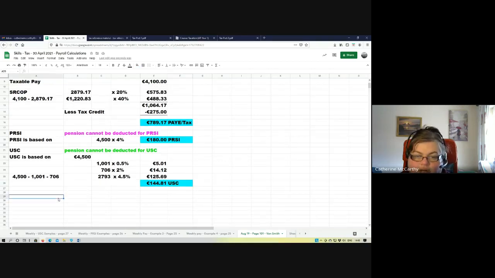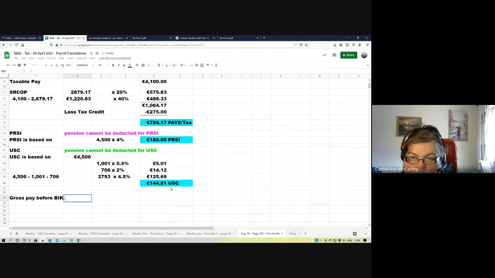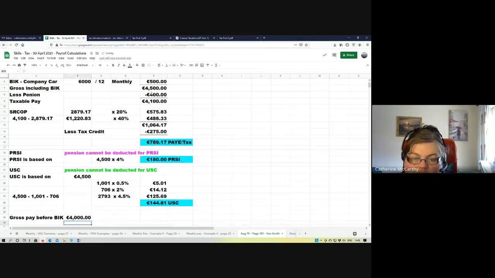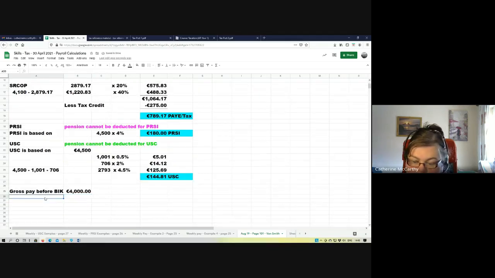Okay, so let's put all that now together. We've got our gross pay before the BIK, and that's my salary figure of 4,000. Then less the pension, less the tax, less the PRSI, less the USC.